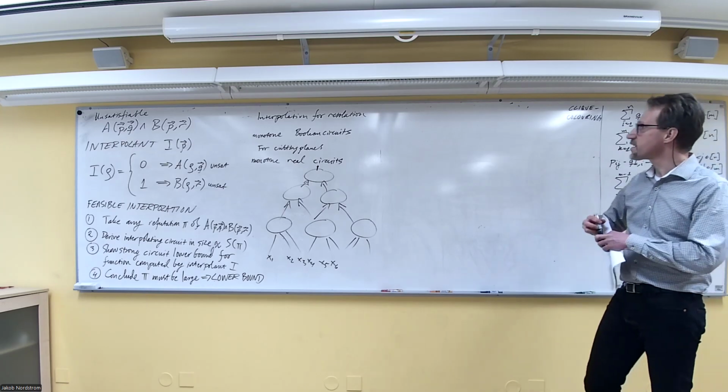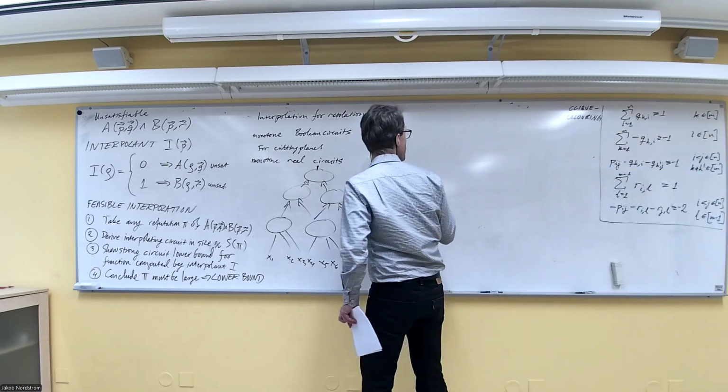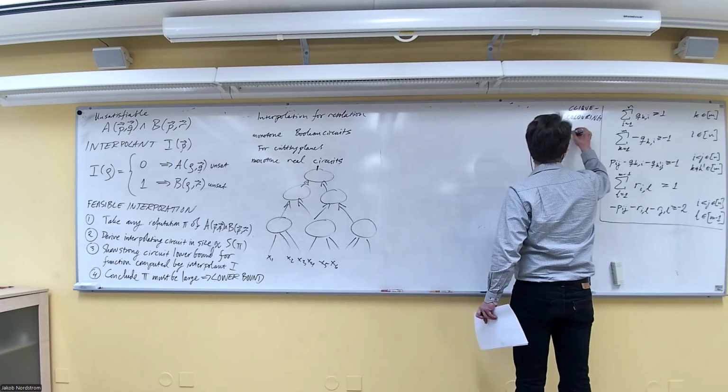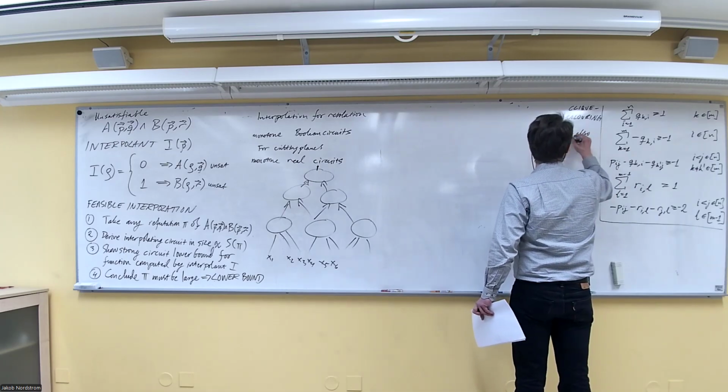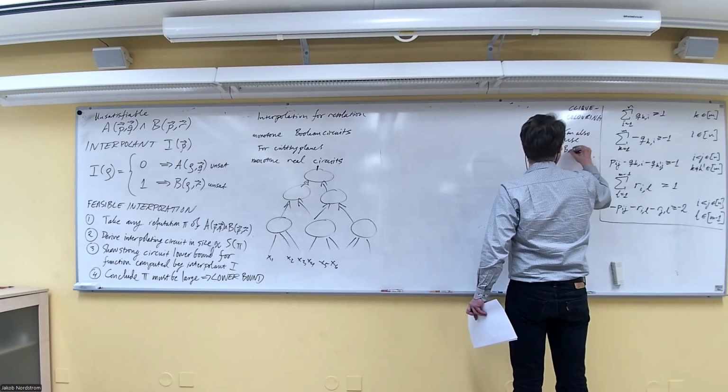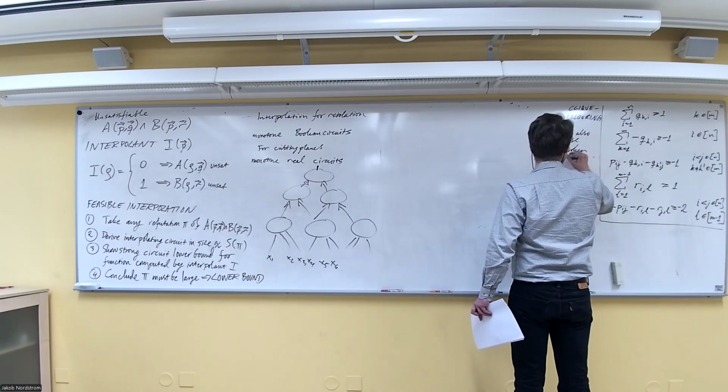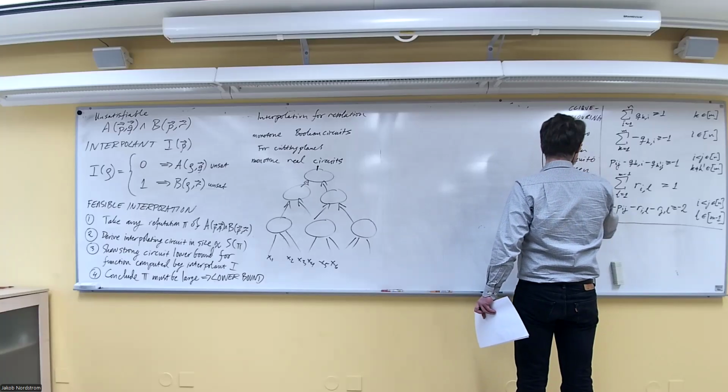I should also say that there is interpolation for another formula family that's called broken mosquito screens, which is kind of cute if you want to read about it. This is by Haken and Cook.